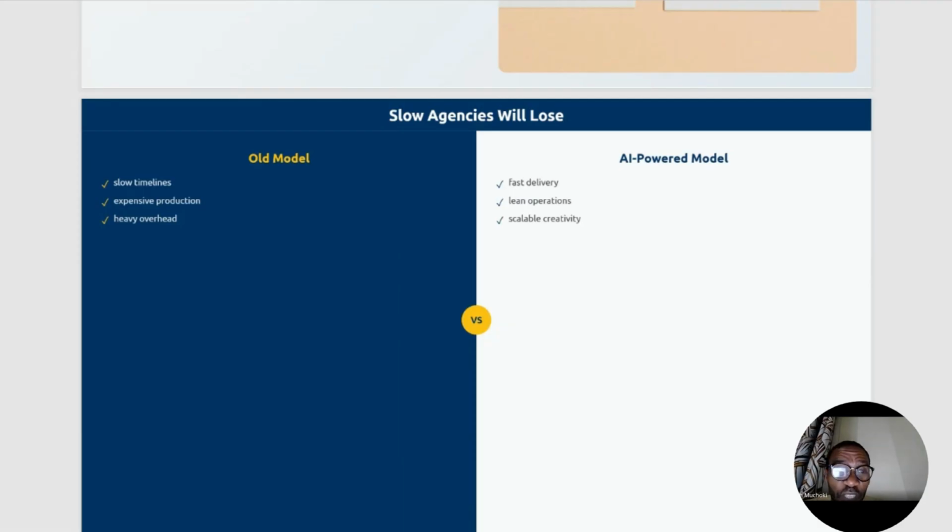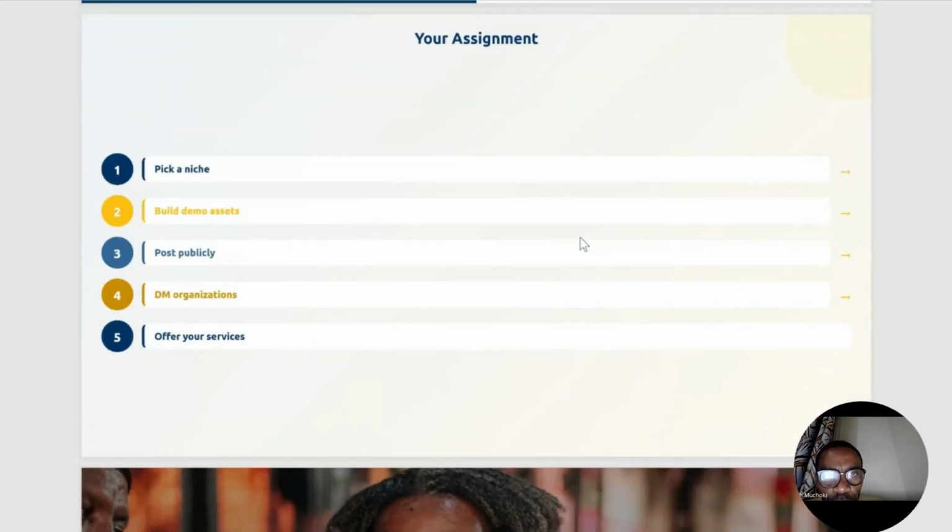It's a whole production. These days, you just prompt away. Things have changed a lot. So these days, it's about fast delivery, lean operations, and scalable creativity. And the platforms are just there. It's buttons, click, you have your campaigns running.